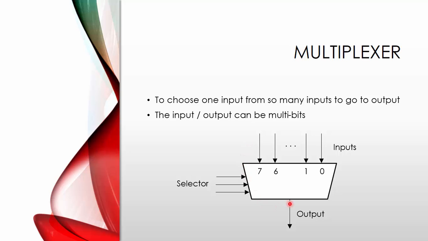The shape for multiplexer is normally a trapezium. We will have a few lines of selector. Let's say in this case, we are drawing for a multiplexer with 3-bit selector, which means the number of inputs that can be in the multiplexer is 8, and then we label them from 0 to 7, and there is only one output.